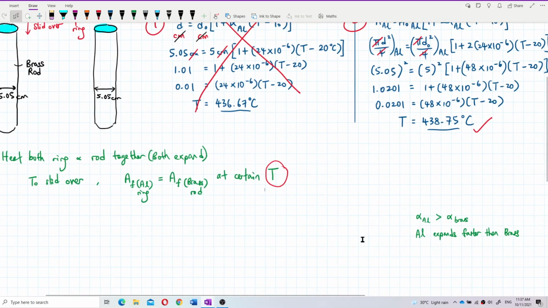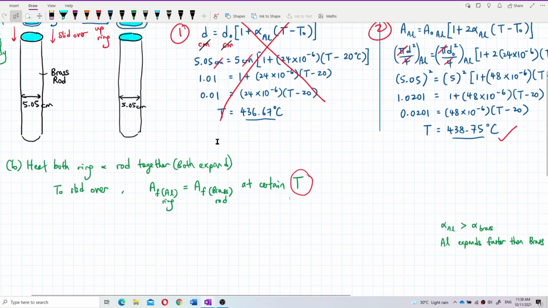Since aluminum expands faster than brass, surely at a certain temperature this aluminum ring will have the same area as the brass rod, and then the ring can slide over the brass rod.